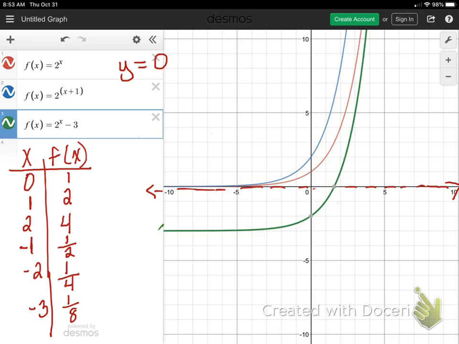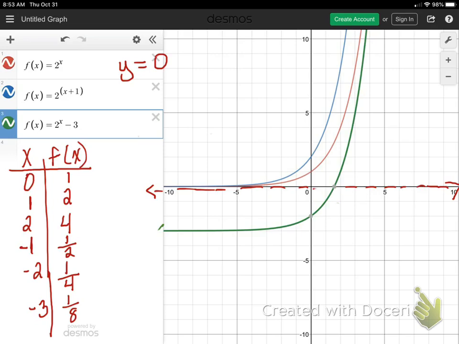Think about translating functions. If I have x squared as my parent function, and then inside parentheses I have x plus 2 squared, where did that parabola go? Up, down, left, right? It went to the left, because it's opposite in value.